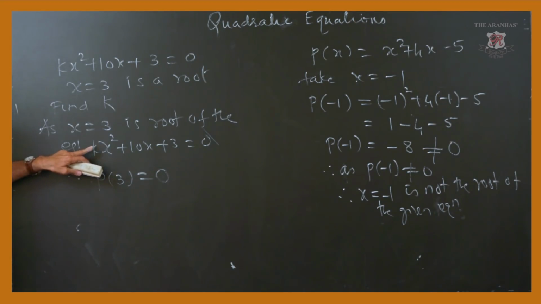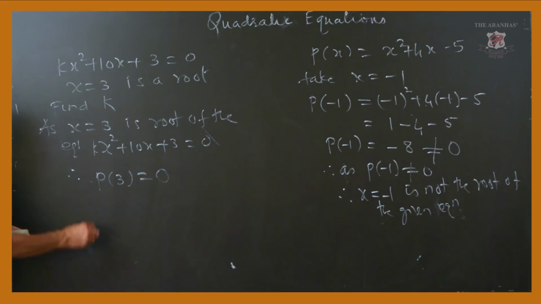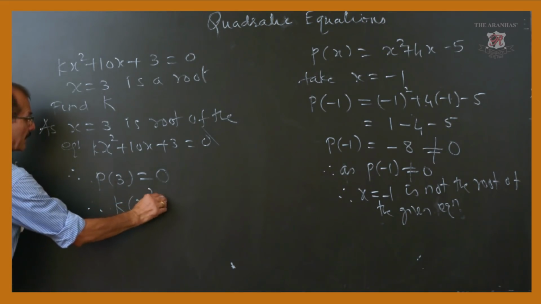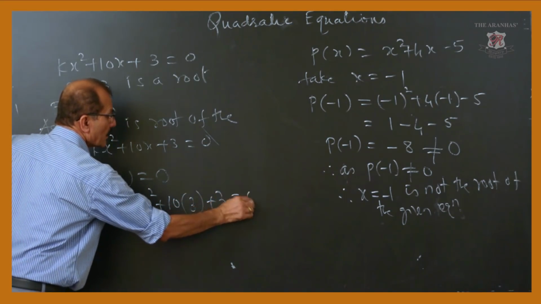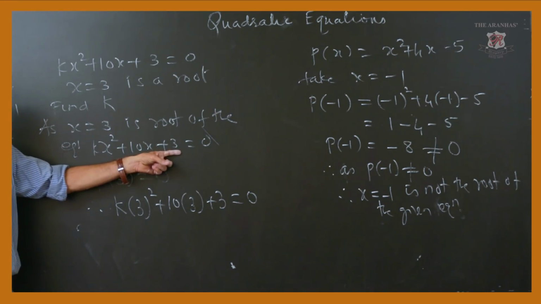Means what? In this equation, wherever you find x, you have to substitute it by 3. So, what you get? K 3 square plus 10 into 3 plus 3 is equal to 0. This is my polynomial p of x.